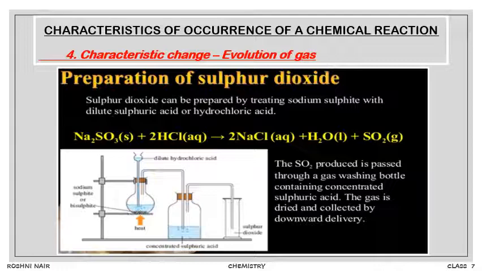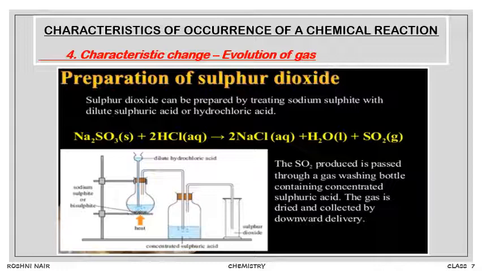So in chemistry labs, when you want to prepare sulfur dioxide, it can be prepared by treating sodium sulfite with dilute sulfuric acid or hydrochloric acid, and this is the reaction which takes place. The sulfur dioxide gas which is produced passes through the gas washing bottle containing concentrated sulfuric acid.